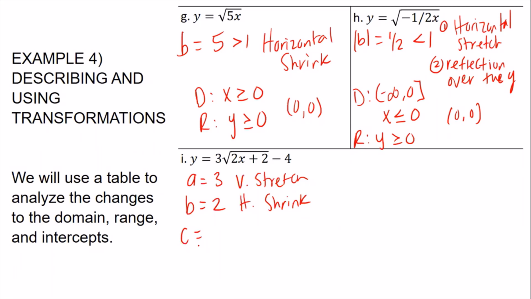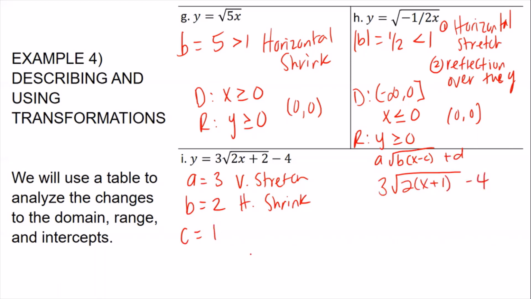All right, so this is the trick right here. If you remember how we wrote our transformation rule, it has to be the square root of bx minus c, plus d. Is this in that format? No. So in order to know what your c really is, you have to divide out your b. So this is really 3 square root of 2x plus 1, minus 4.